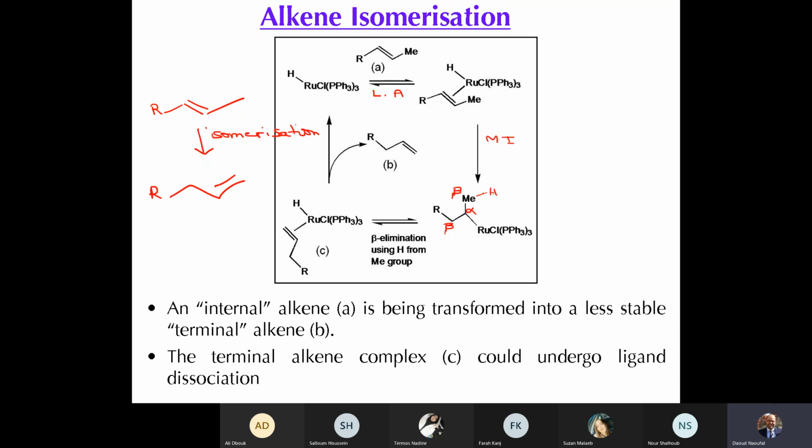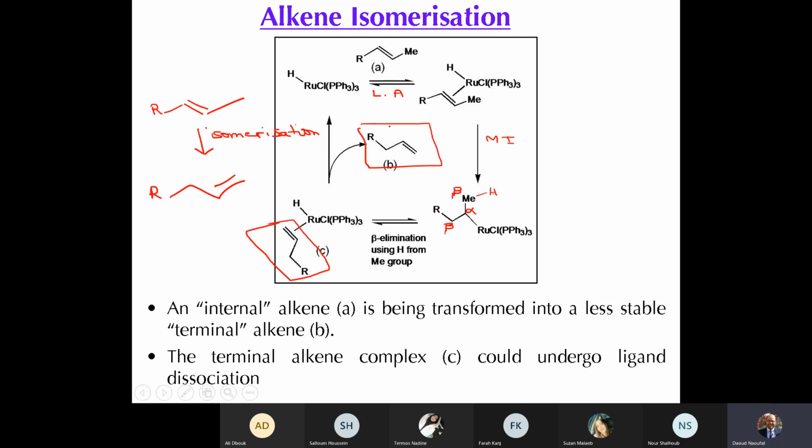Why? The hydrogen of the methyl group is easier than this hydrogen. First of all, it's close to the metallic complex. So we obtain this structure, and pay attention, in this structure appears the double bond in a position different from the initial alkene. Then by ligand dissociation we obtain this structure.